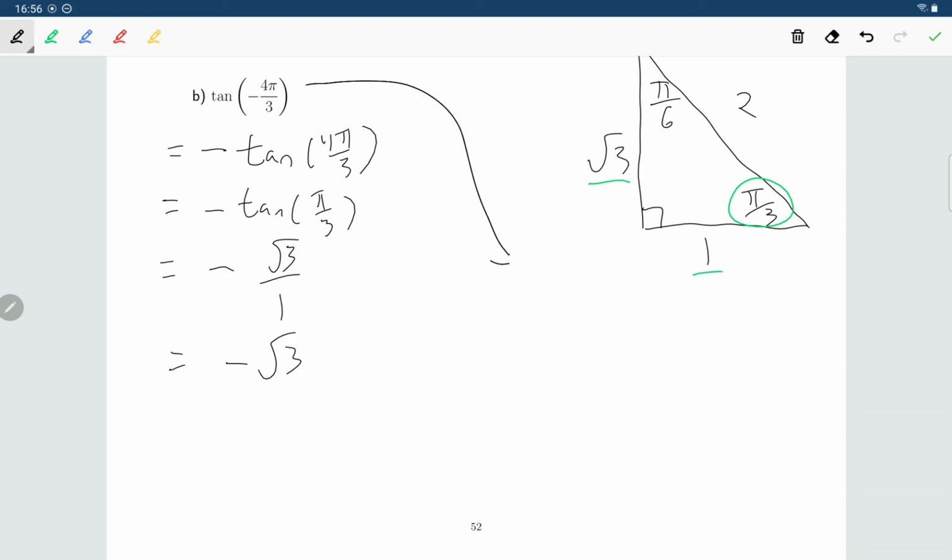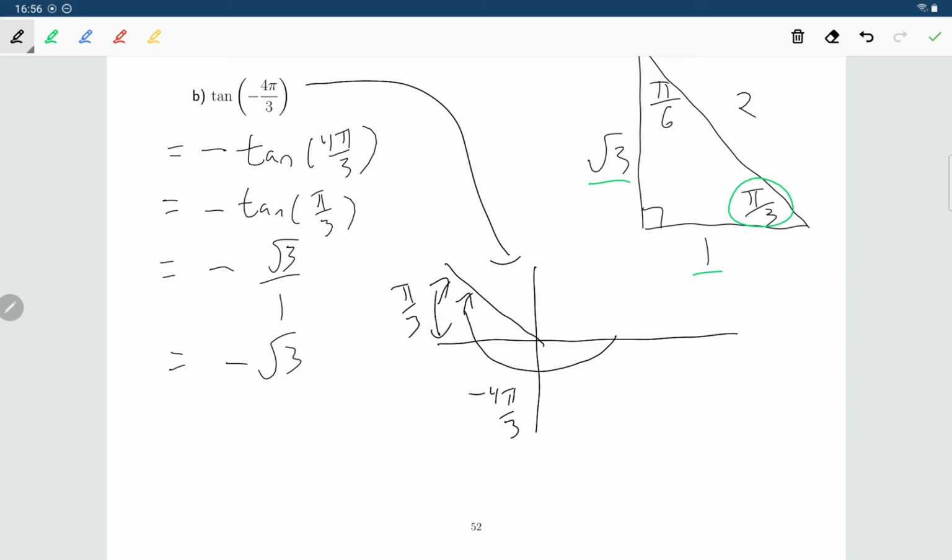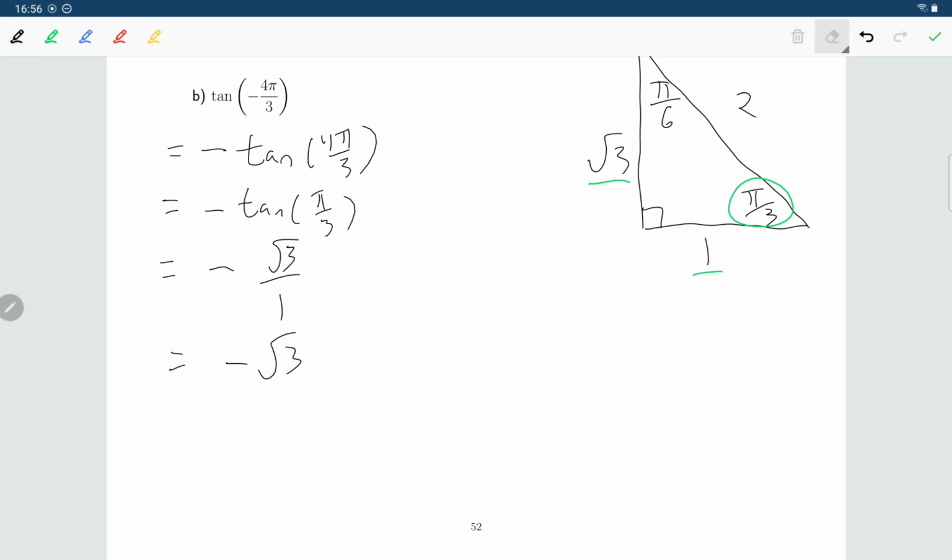So if you wanted to, you could ignore all the properties that we have and start out by drawing negative 4 pi over 3 as an angle, figuring out what the reference angle is, the reference angle being positive pi over 3, then using the special triangle and the fact that in that quadrant tangent is negative, and you could come up with exactly all of the answers that I came up with here using both the fact that tangent is odd and also has a period of 180.